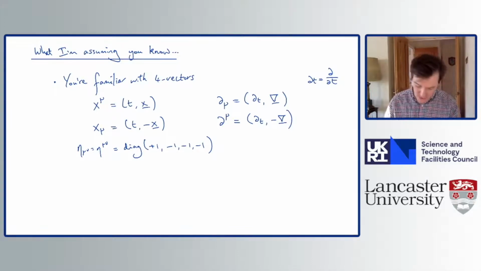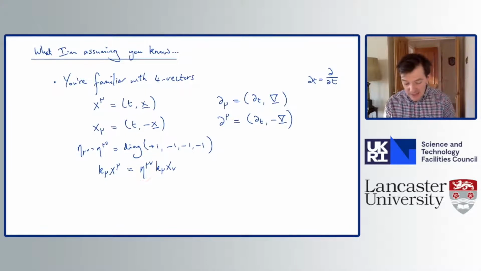The other thing I will do, whenever we look at the product of four vectors, for instance k_μ x^μ, is write it as k·x, which is shorthand for this. So I'm using the metric tensor here. If you split it into the component parts, let's define what k is.